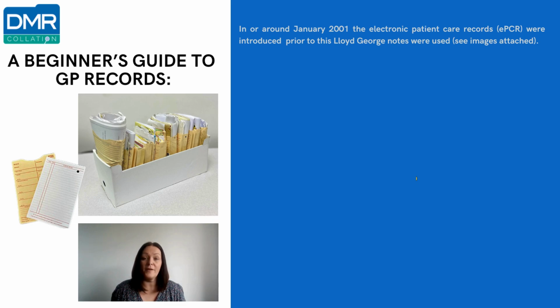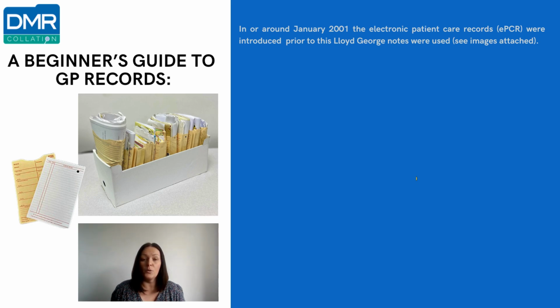Prior to January 2001, GP surgeries recorded patient consultations on Lloyd George envelopes, which were named after the British former Prime Minister David Lloyd George. We have some photographs of the Lloyd George envelopes and clinical records on this slide for you to view. These envelopes were made of beige-coloured card measuring 13 centimetres by 18 centimetres, with red for male or blue for female print.